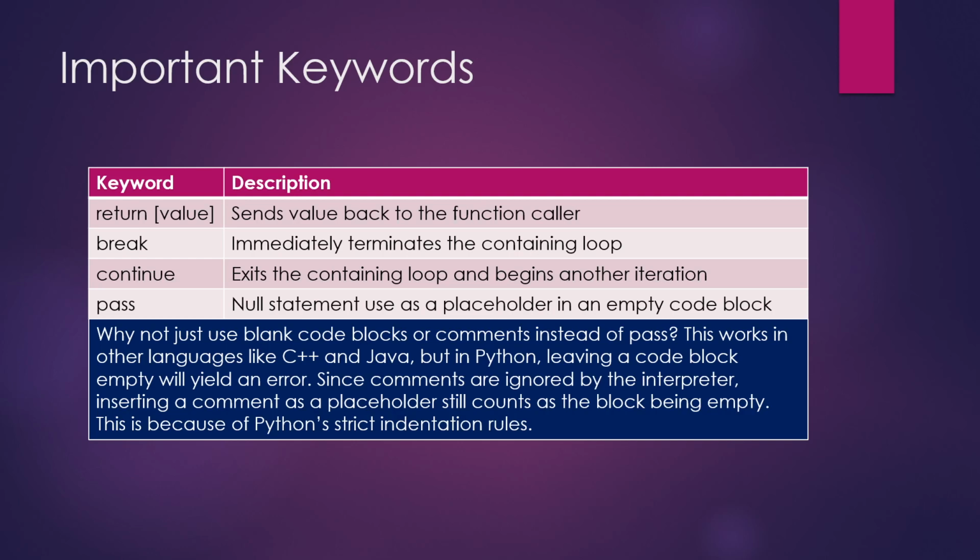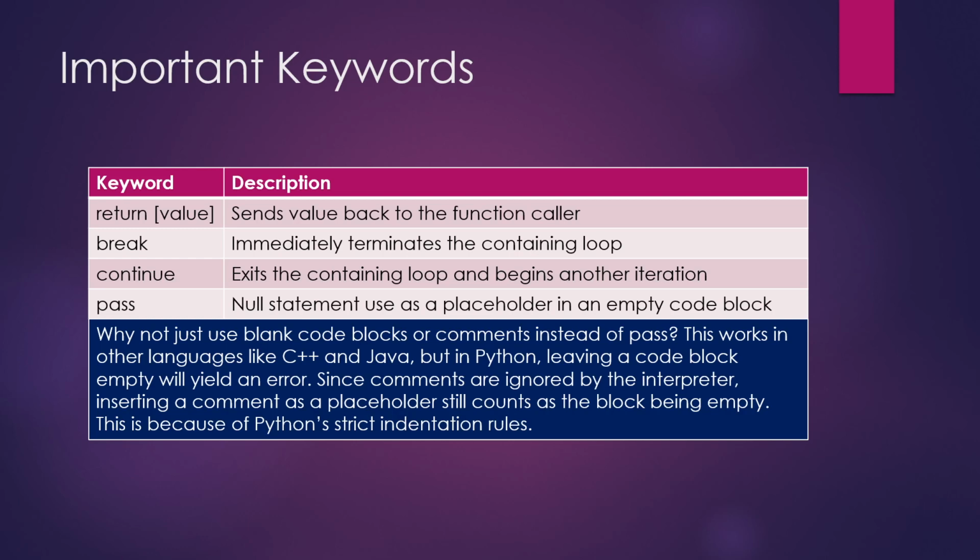And then lastly, we have pass. This is a null statement. It's used as a placeholder in the event that you want to create a header for something, whether it be a function, a loop, an if statement, or whatever, but you don't want to do anything yet. You are effectively saying, I'm going to come back and fill this in later.